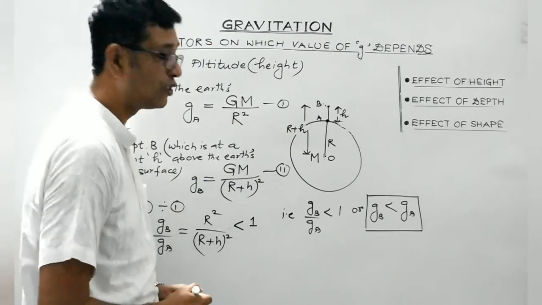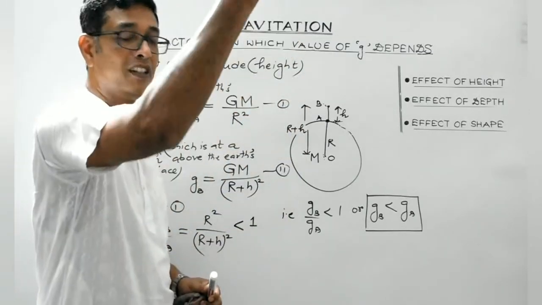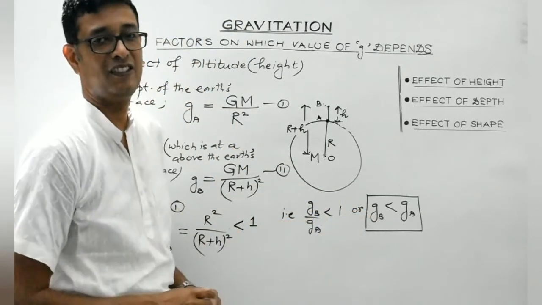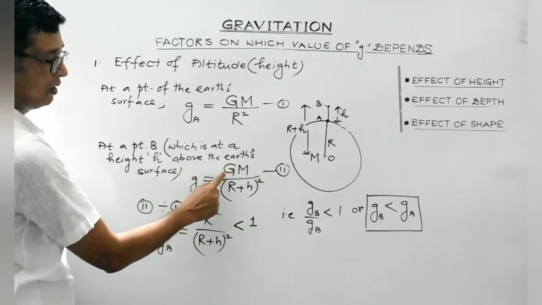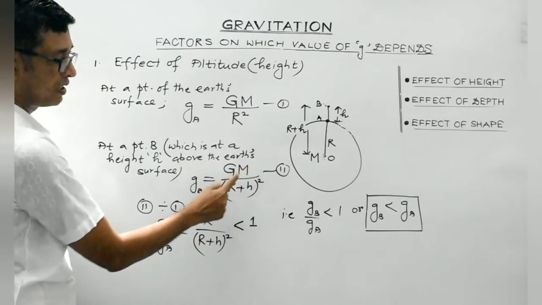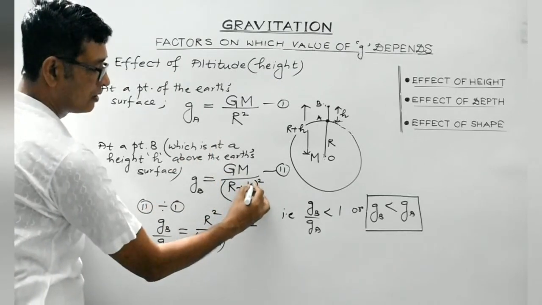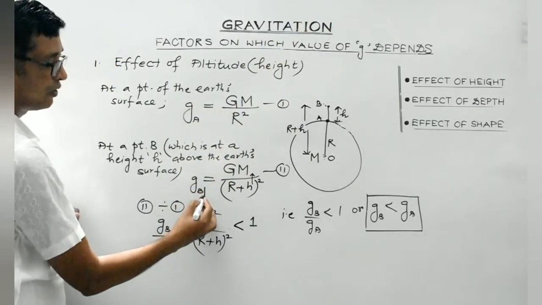So students, what we conclude? With the increase in the altitude, the value of acceleration due to gravity decreases. Clear? From this expression it is pretty clear. G is constant, M is constant, R is constant. So with the increase in the value of h, with the increase in the altitude, the value of small g will decrease.